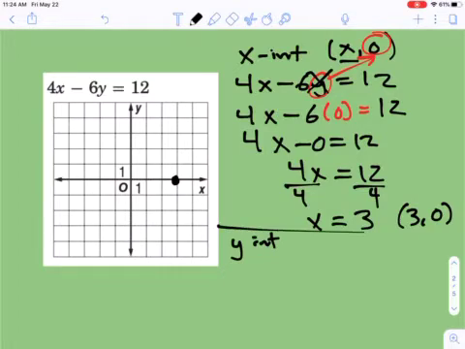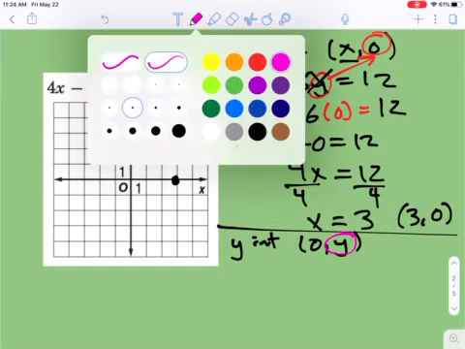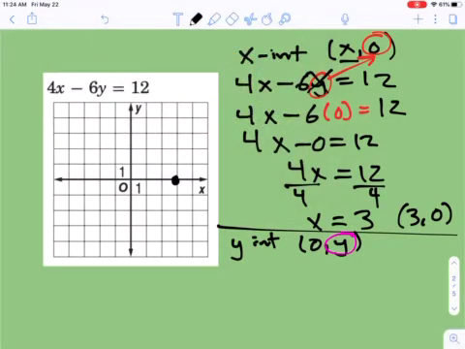For my y-intercept, I know that it is going to be the point (0, y), and we're going to use pink for our y. You still have the equation 4x minus 6y equals 12. Because I know I'm finding my y-intercept, I am going to substitute 0 in for my x.